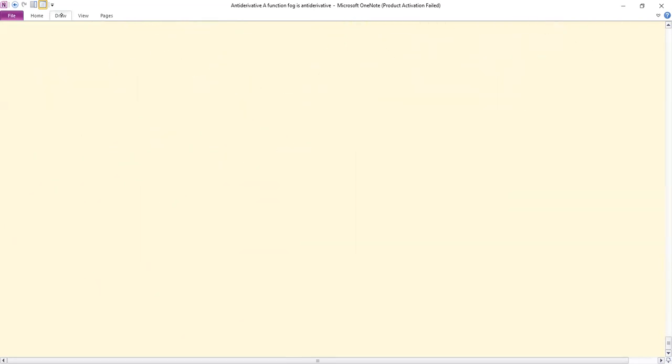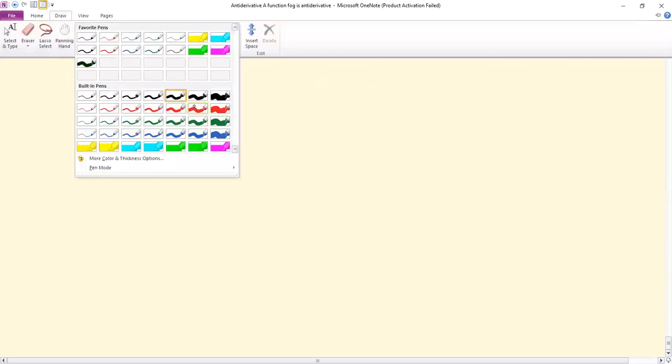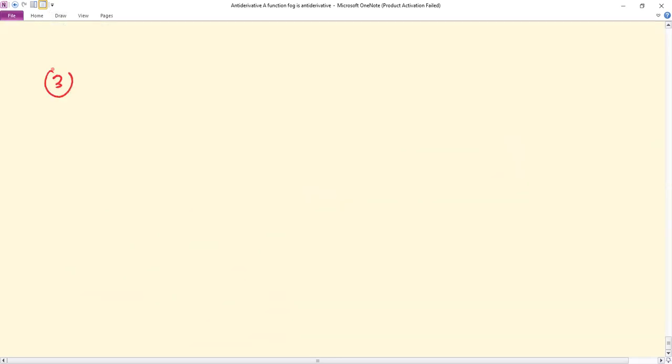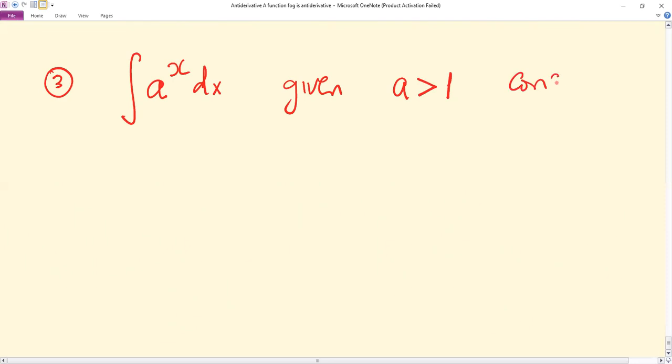And then problem 3, evaluate the integral of a raised power x dx, given a is any positive constant greater than 1.